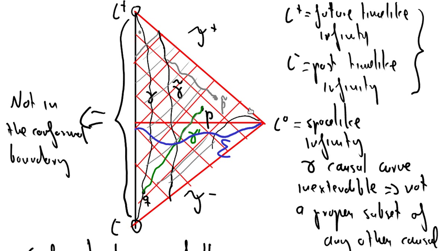Another property which I have to mention regarding this picture is its shape, because at the beginning I said that the main idea here was to try to look at the spacetime from outside.